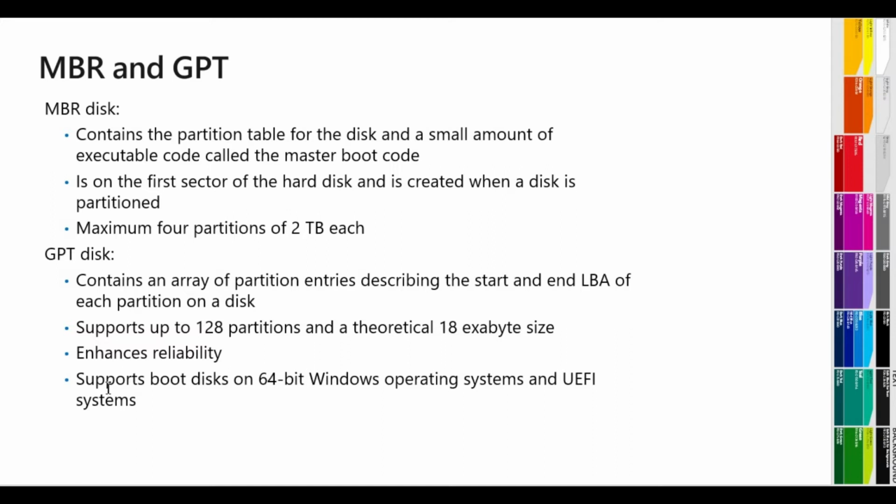So if you have a basic Windows system that comes with a certain file format, you don't have to do anything. You don't need to make any changes. But when you connect a new device and want to configure it, it will give you options whether you want to configure it as MBR or GPT. Then if you want, you can select GPT. What is the major difference? MBR supports smaller partitions, GPT supports large partitions. That is the difference between the two.